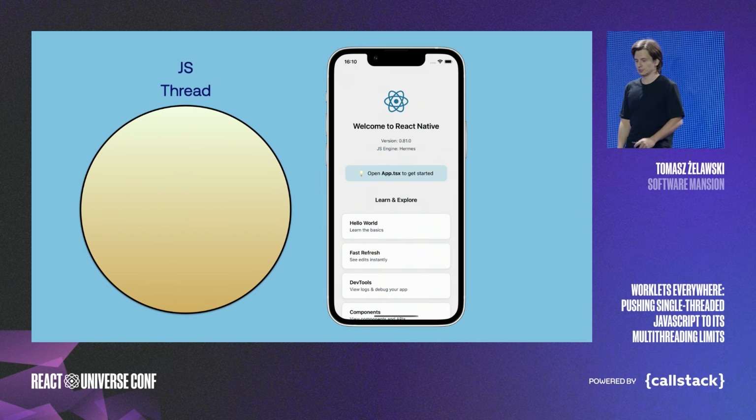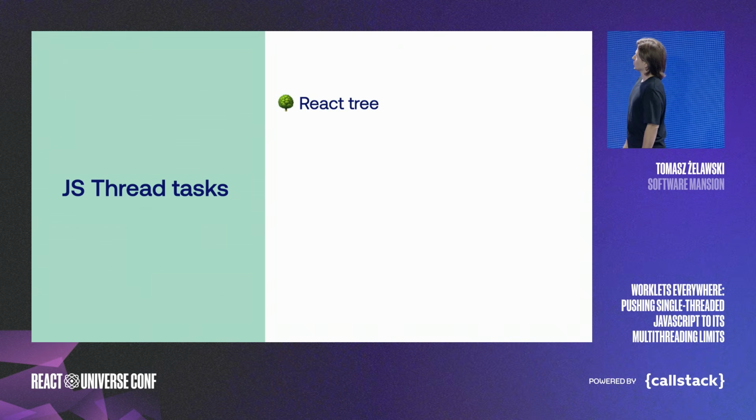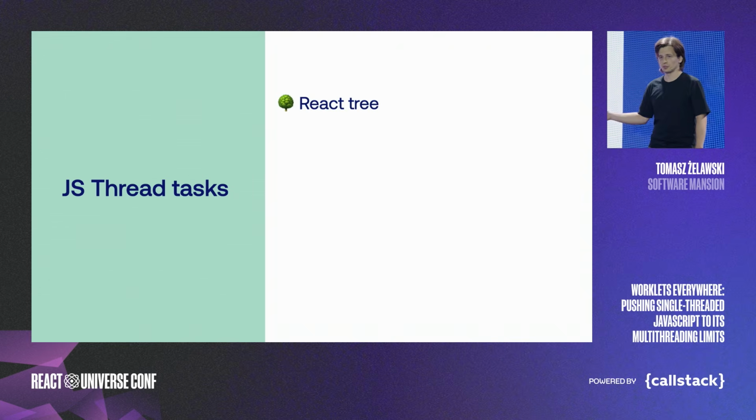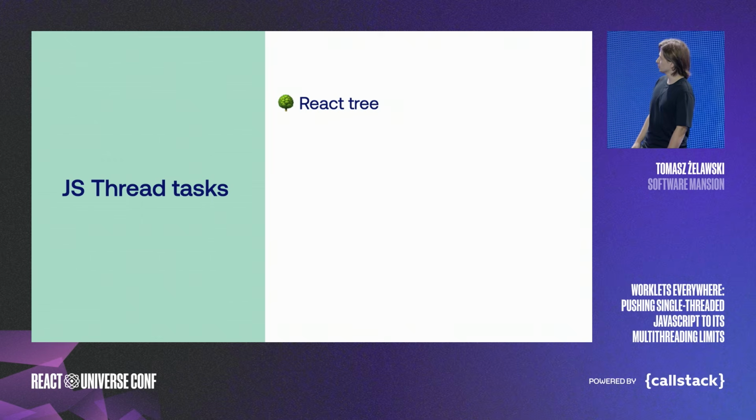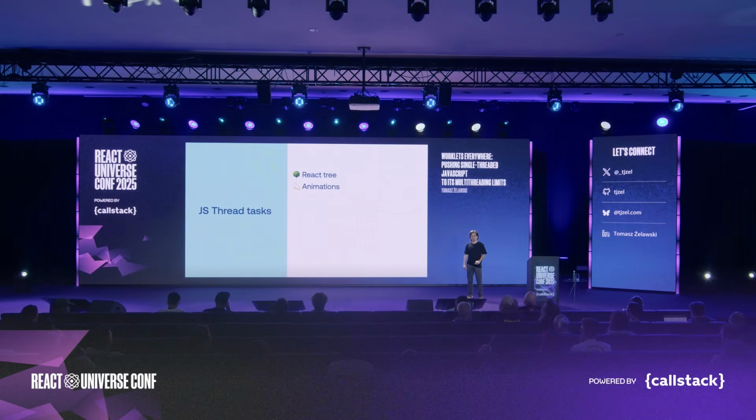To get a few examples of what the tasks are, first and foremost, we have the React tree, so handling your JSX, handling your hooks. Then we have animations, probably with React Native Reanimated. We also have gestures with React Native Gesture Handler.